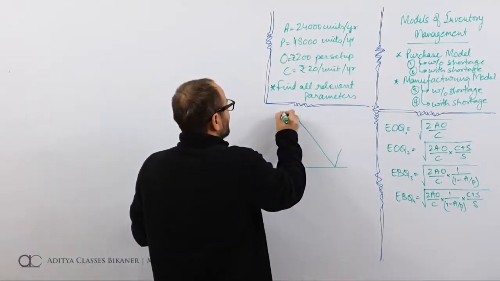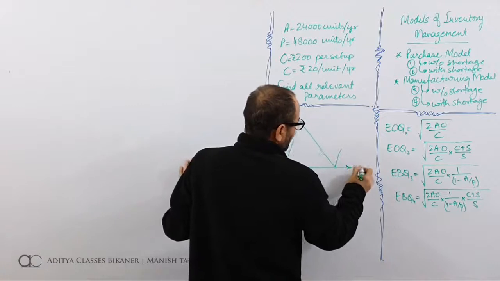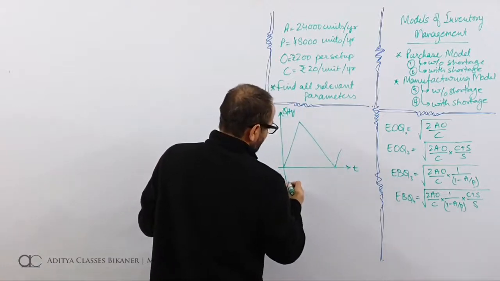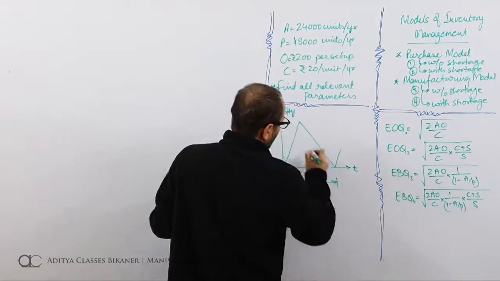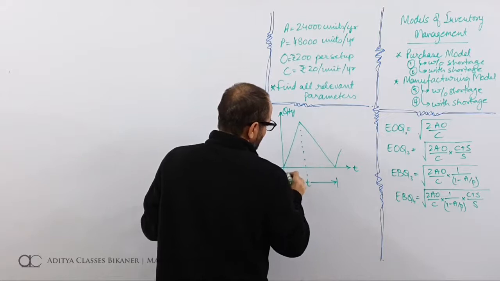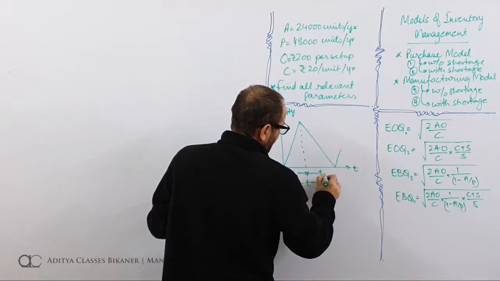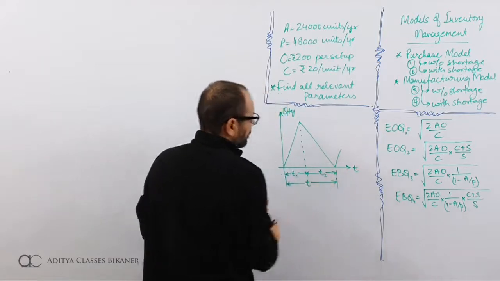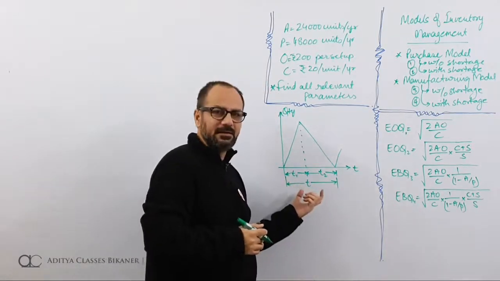So once again, here we have our quantity, then we have time, and now in this time axis I have a cycle time, and also I can see that I have T1 and T2. In the previous question, we only had T, the cycle time.